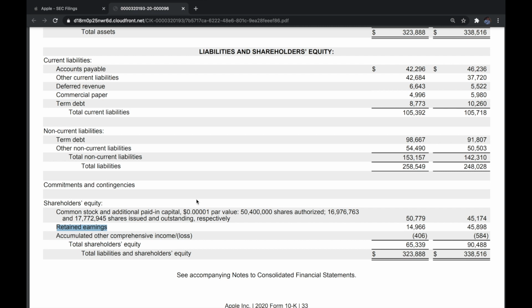So that was basically it, and the rest of what we have left here is accumulated other comprehensive income. Very soon I'm going to make a separate video about other comprehensive income, what it is, how important it is, and what kind of impact it would make for investors.